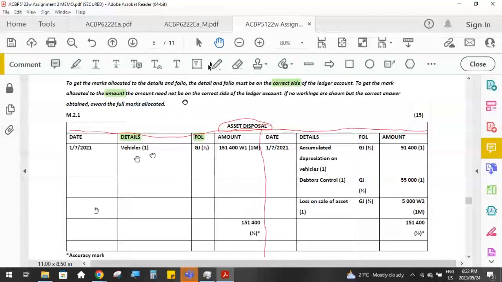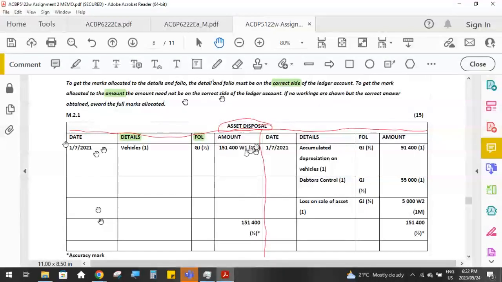So we always go and look for the cost of the item that was sold. We credit the actual asset account and we debit the asset disposal account with the cost. In the question, they gave us the carrying value and the accumulated depreciation.